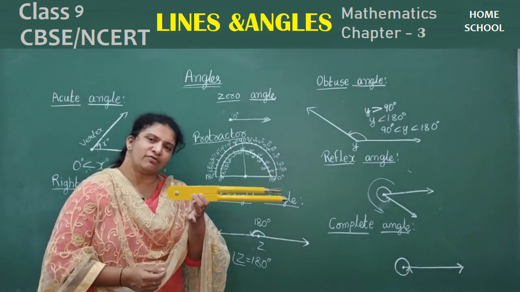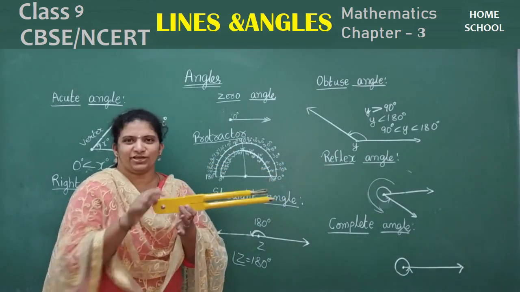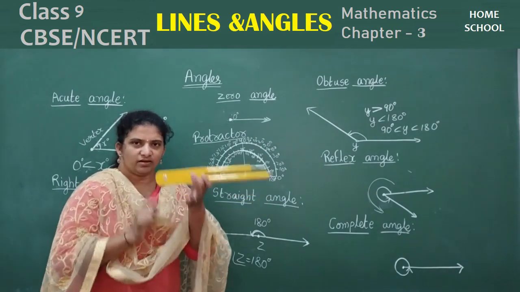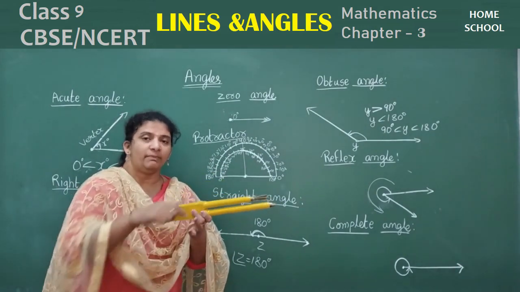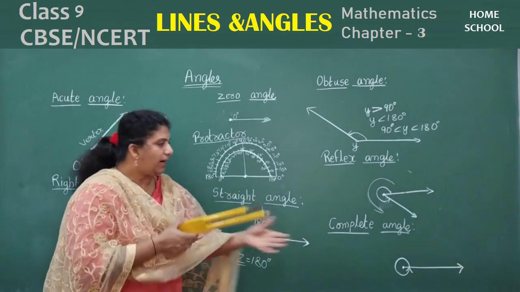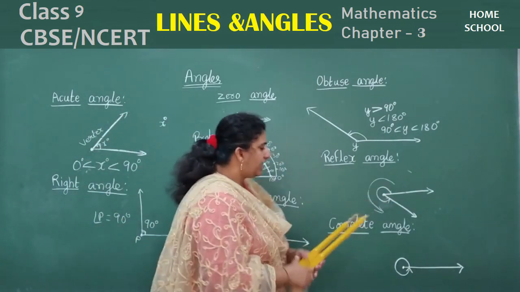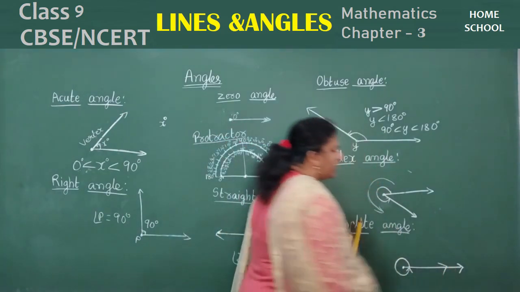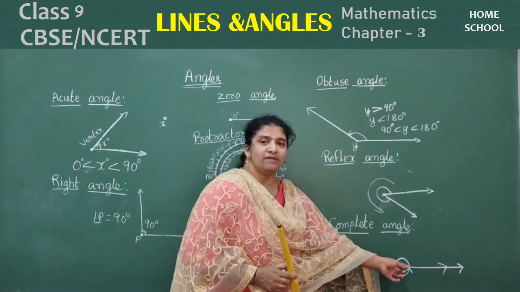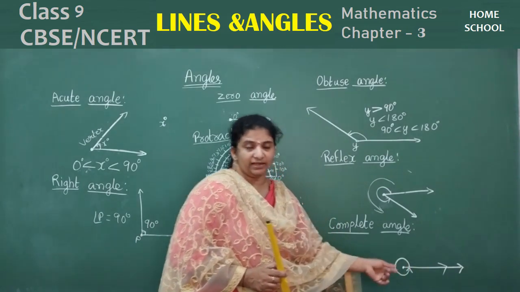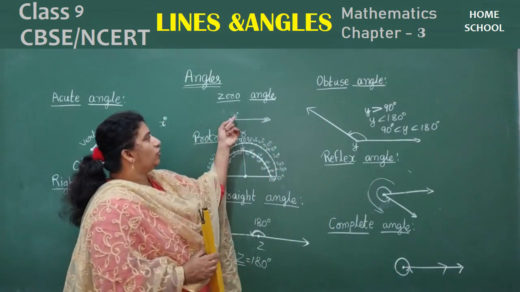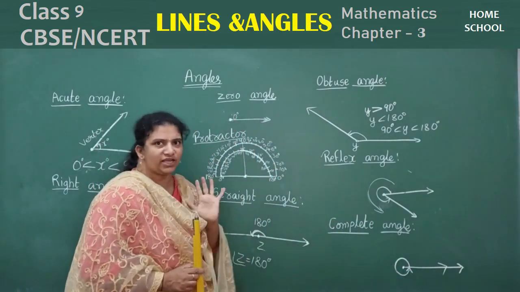Then what is this type of angle? Don't say 0. 0 is when arms overlap one another, but after rotating completely, see here, from here this arrow moves like this and again the two arms are overlapping on one another. If there is no direction, it will be 0 degrees.